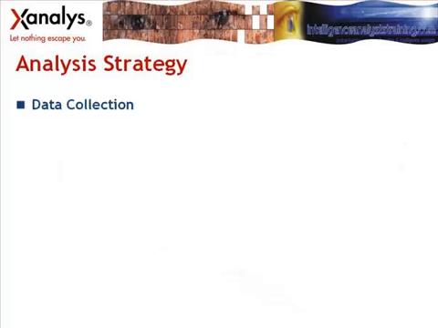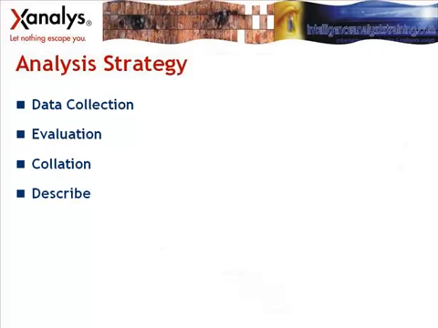Another way we can do this, we can look at the analysis strategy. That is to say, the intelligence process. Data is collected, it is evaluated and it is collated. It can be collated within this database or on a completely separate database where Link Explorer can actually attach and extract the information.